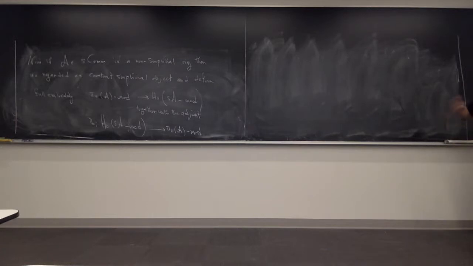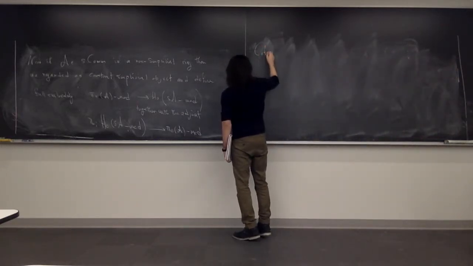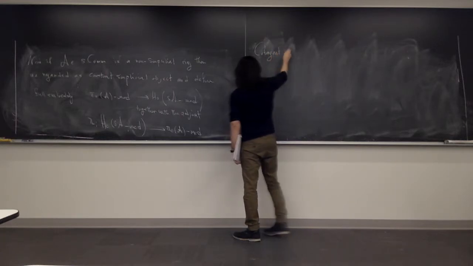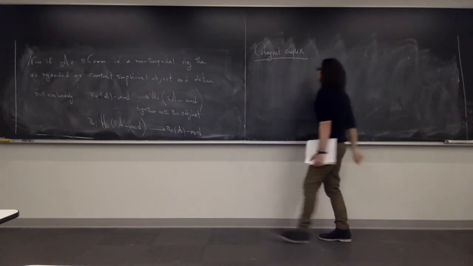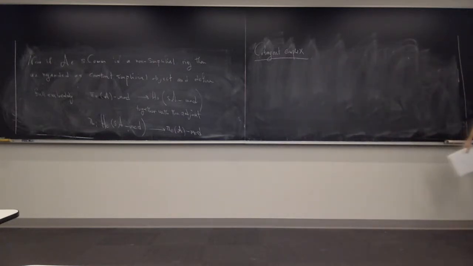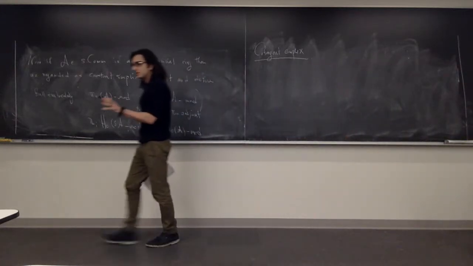So now we're trying to move to defining the cotangent complex. Okay, so the next part is the cotangent complex. This part is written very formally in the papers of Toen and Vezzosi and these people.